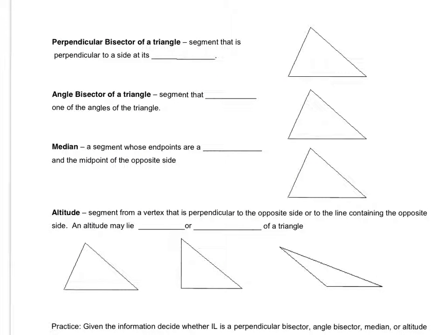Okay, so far we've gone over the midsegment of a triangle. Now we're going to go over 4 other types of segments. So, perpendicular bisector. If you're having trouble remembering some vocab, make sure you write it down as we go along. Perpendicular, 90 degrees. So it's a segment that is perpendicular to a side at its midpoint.